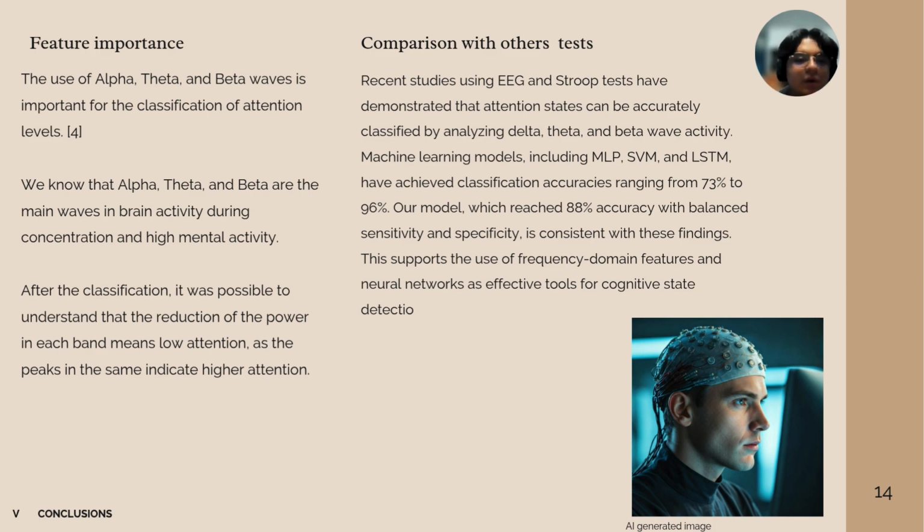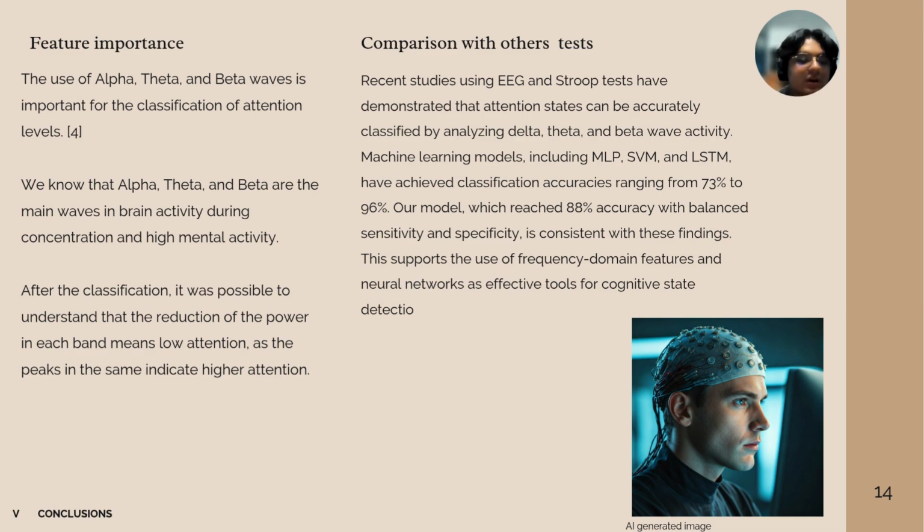great focus. Now, regarding comparison with other studies, recent research using EEG and the Stroop test has shown that attention states have been classified using features, especially delta, theta, and alpha activity. Various machine learning models such as MLP, SVM, and LSTM have achieved accuracy between 73% and 96%.